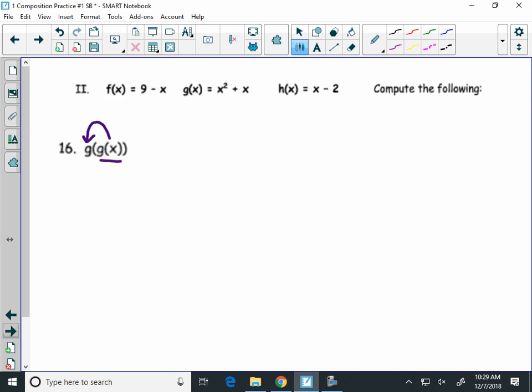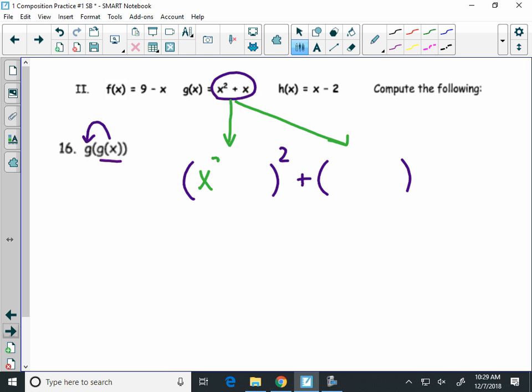This one's tricky. You're going to take x squared plus x and put it into that function. So let's start by filling our blanks in for the left function, g. So I have x squared plus my blank. Now in each of those blanks, you need to put the function of g, x squared plus x.